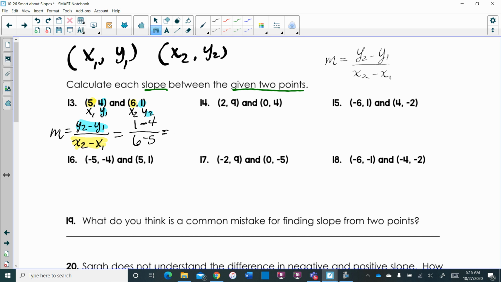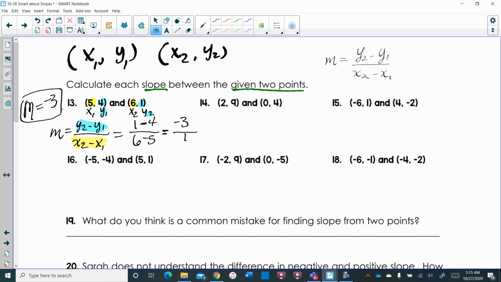Calculator is your friend, so make sure you don't make any integer errors. 1 minus 4 gives you a negative 3. And then 6 minus 5 gives us 1. So this gets simplified to m equals negative 3. Hope you can see that.